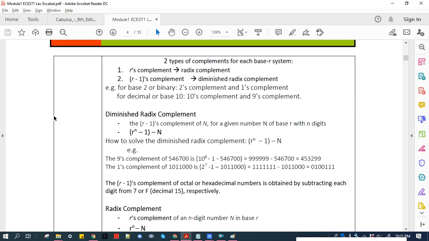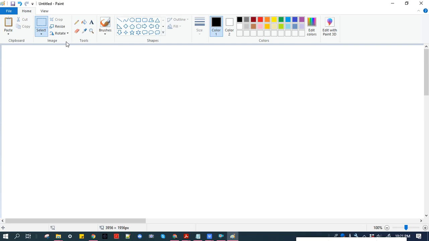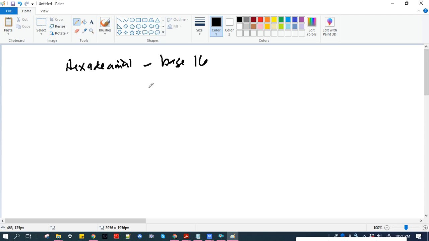So for hexadecimal, which is base 16, what is the R's complement and the R minus 1's complement?